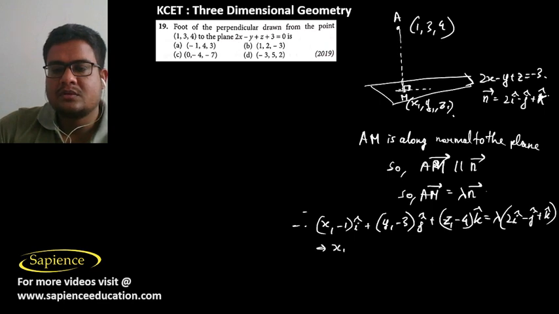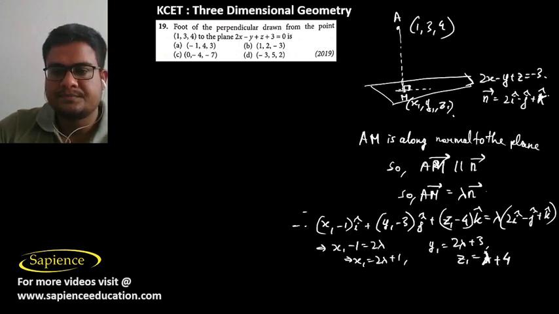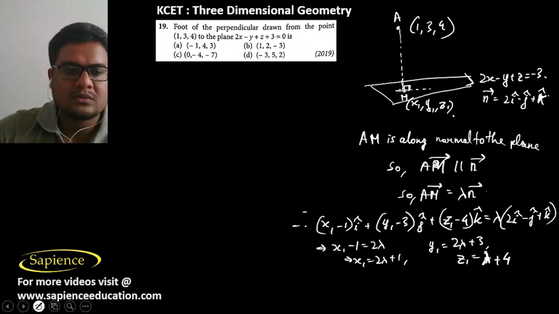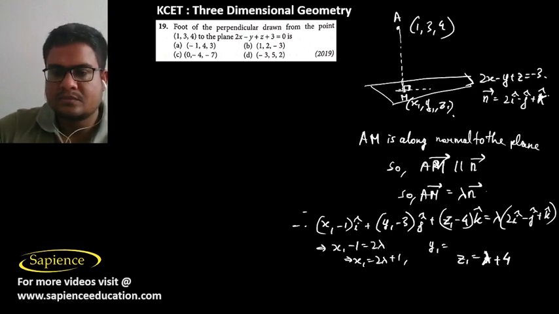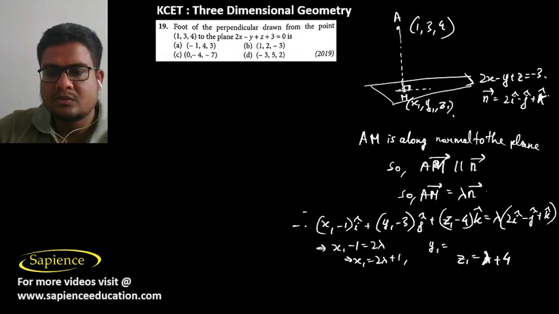So therefore x1 minus 1 is equal to 2 lambda. Means x1 will be equal to 2 lambda plus 1. y1 minus 3 is equal to minus lambda.